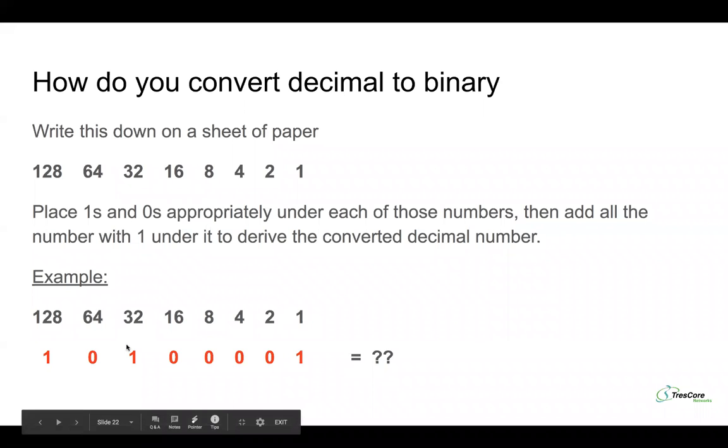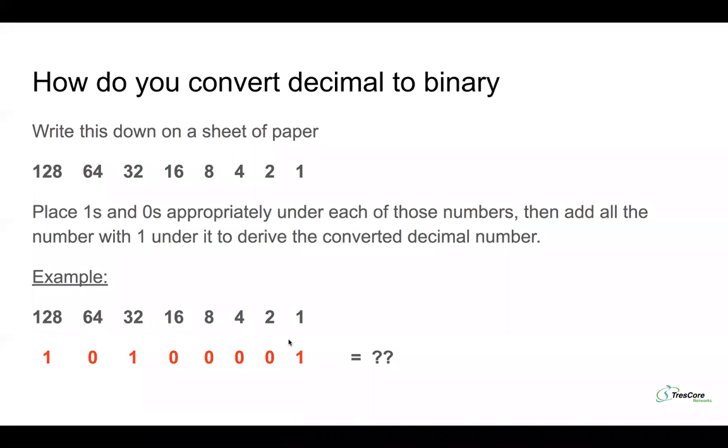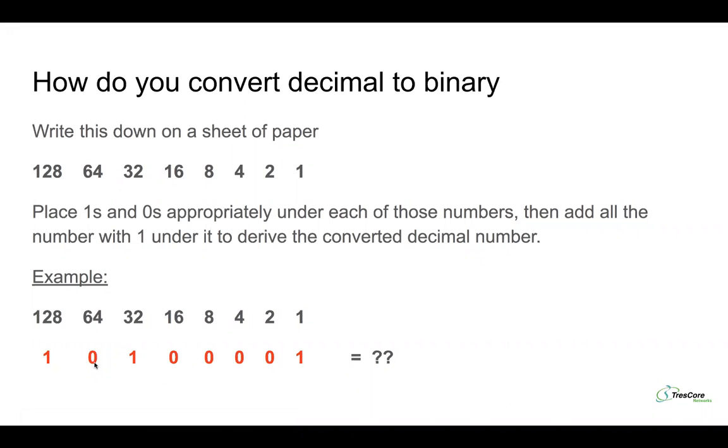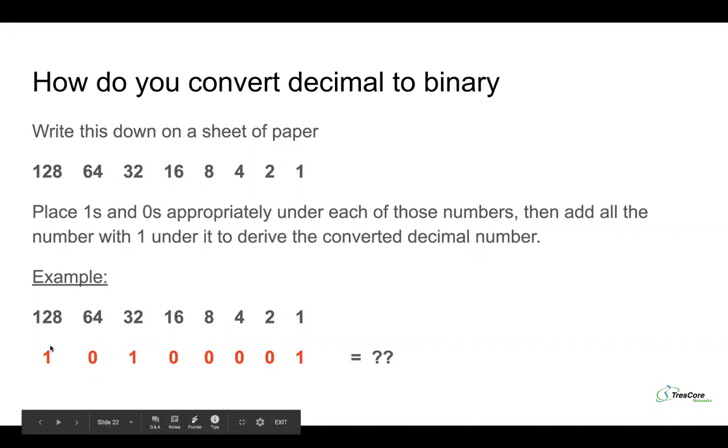And the way I normally do it is I just write these numbers: 1, 2, 4, 8. Basically, it's 2 power 0, 2 power 1, 2 power 2, like that, all the way up to 2 power 7. If you write this down on paper, and you want to get say 192, you would just put a 1 under each number that you want to make 192, and zeros everywhere else.